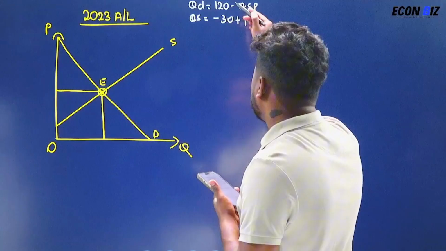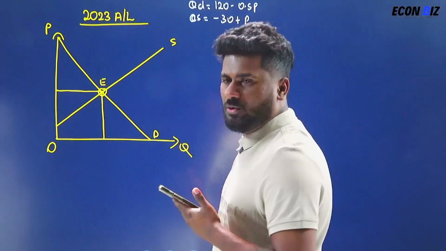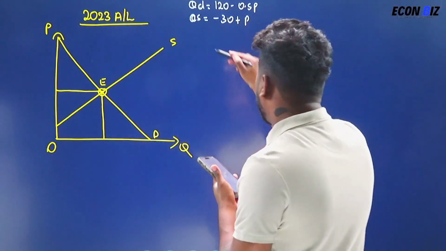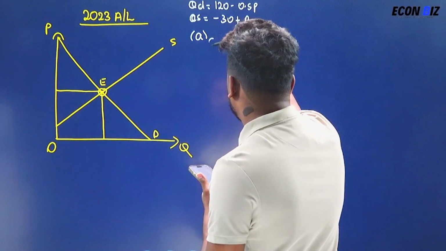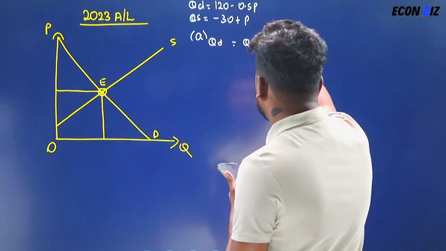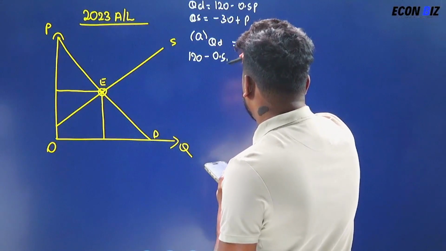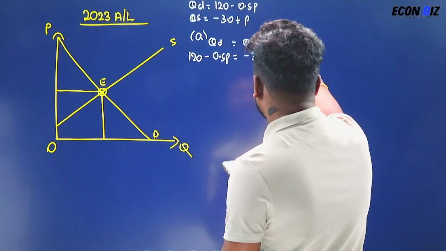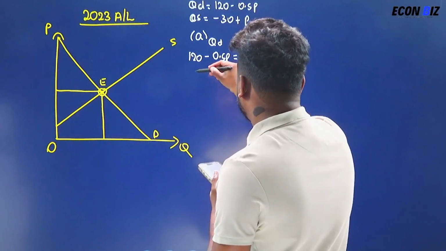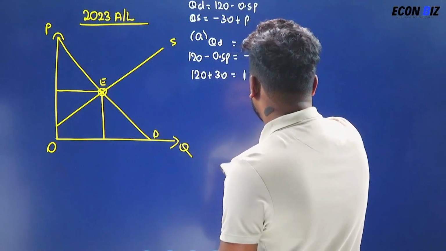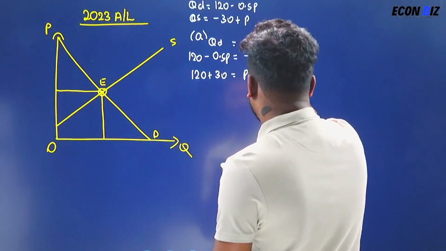So the equilibrium price, how to take? QD equals QS. They are asking the equilibrium price and quantity as part A. So let's find out quickly. QD equals QS, 120 minus 0.5p equals minus 30 plus p. Minus 30 going to this side, 120 plus 30, 0.5p going to this side, plus 0.5p.